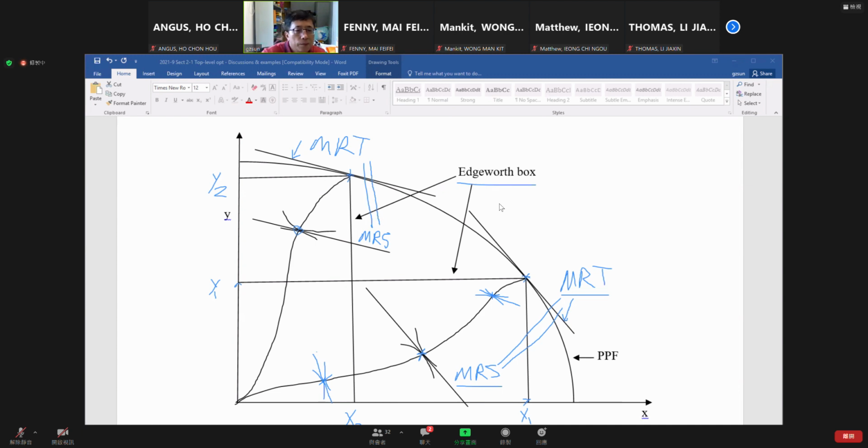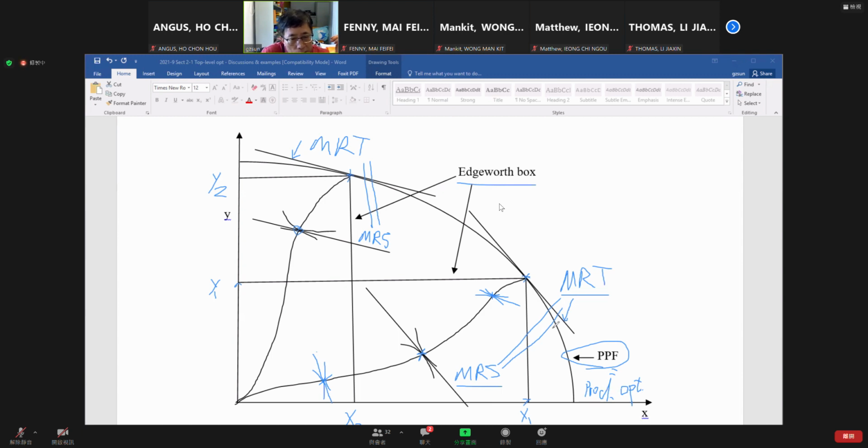So now, if you focus on this figure, we can tell a lot of stories. The so-called production optimal is the PPF. Operating production along the PPF, we get production optimal.